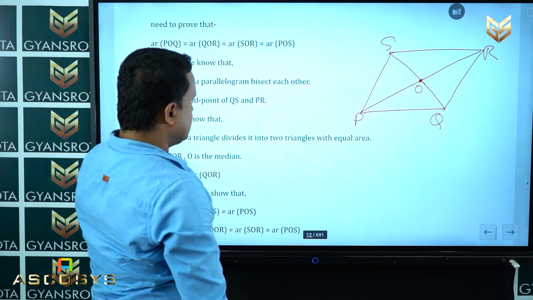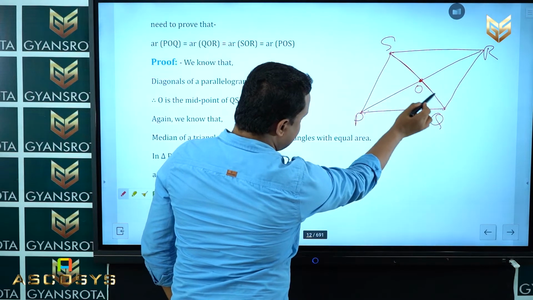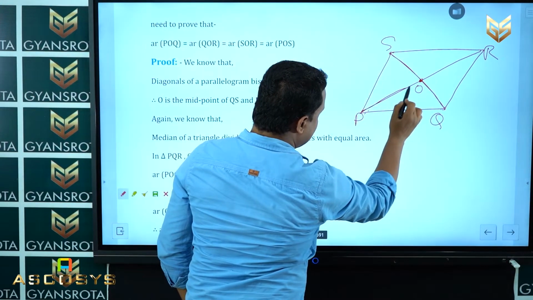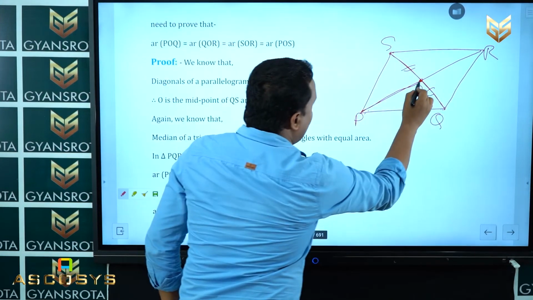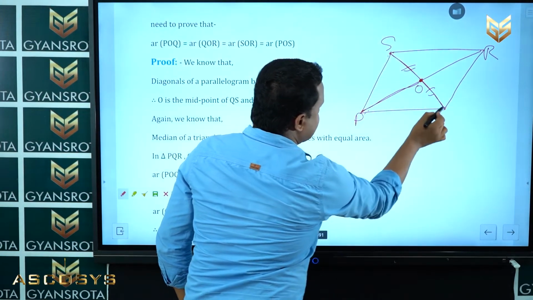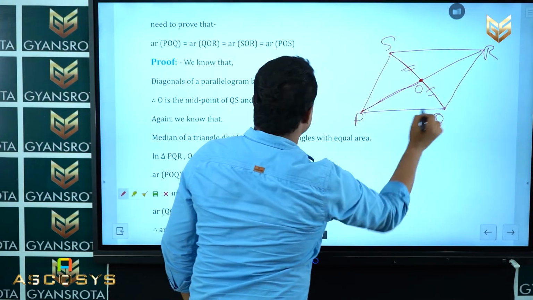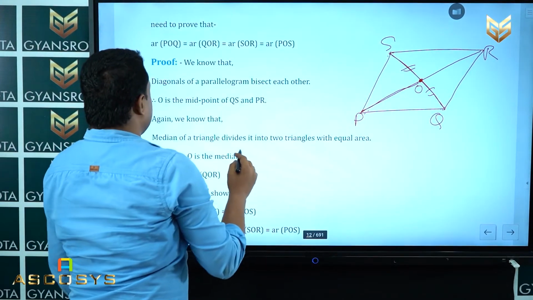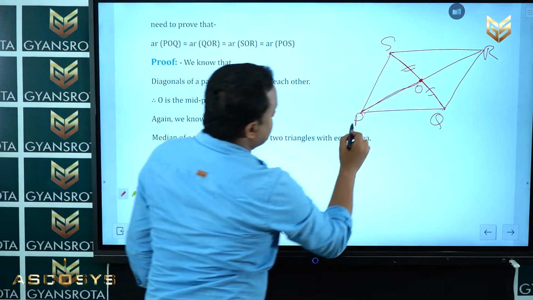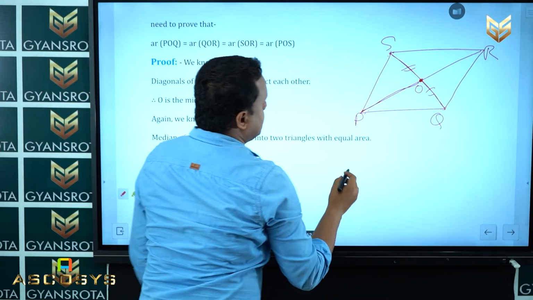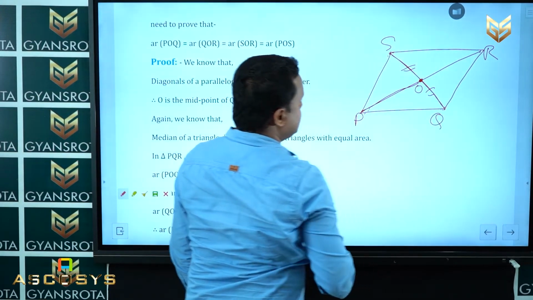Since they bisect each other, this length equals this length, which means O is the midpoint of SQ. So if we consider this triangle SPQ, or PQR, any triangle, then O is the midpoint of its base.